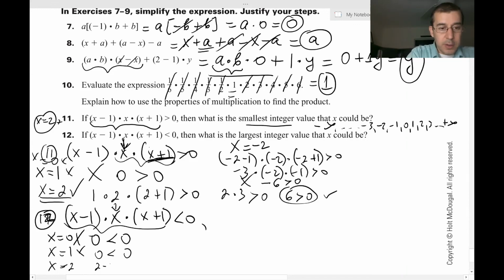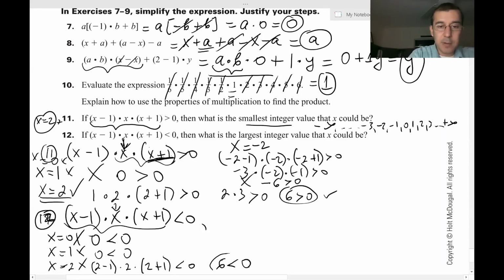Okay, so we have 2 minus 1 times 2 plus 1 is less than 0. So here we have 2 minus 1 is 1, times 2 is 2, times 3 is 6. 6 is less than 0? No, right? 0 is not greater than 6, so 2 doesn't work either.